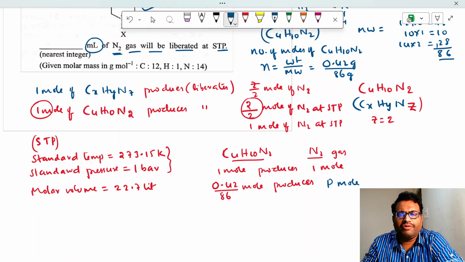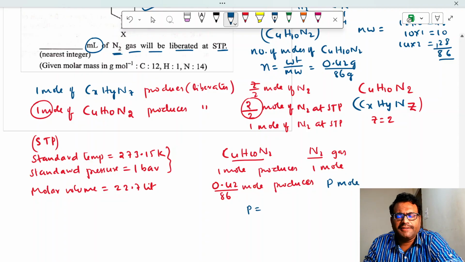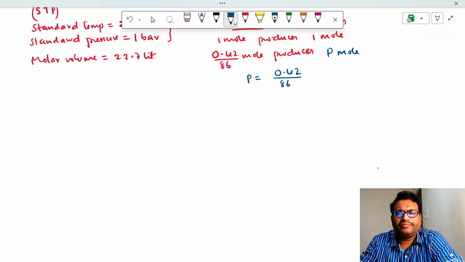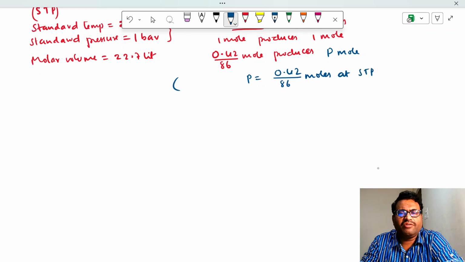P mole. So what will be P? Cross multiply it. Cross multiplication gives 0.42 by 86. These are moles at STP. P means the volume of nitrogen gas.